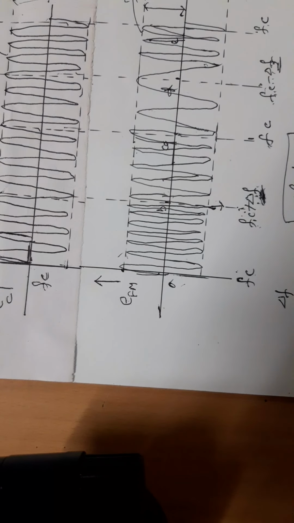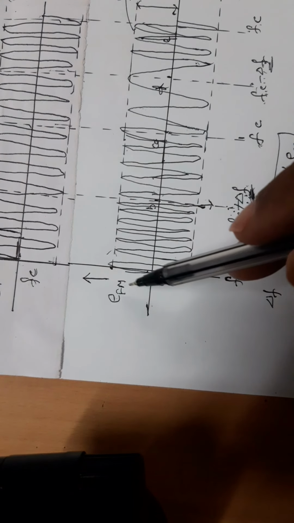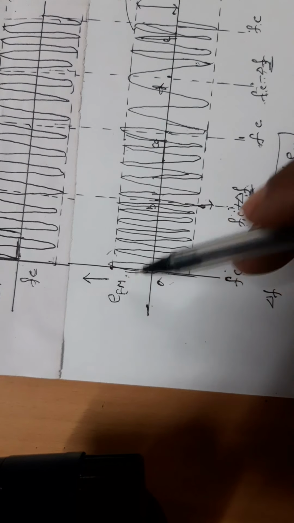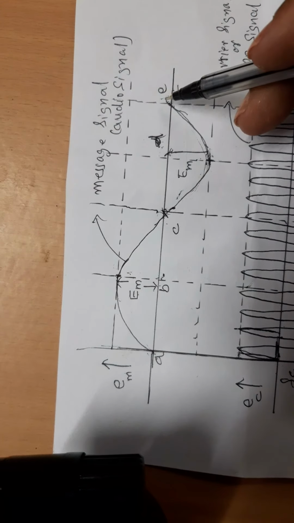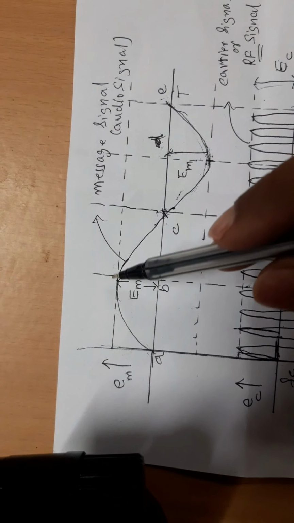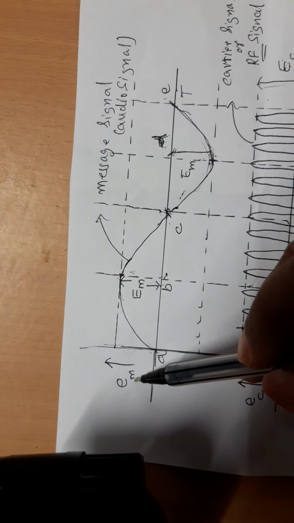Now let us study the analytical treatment, that is, the derivation of the instantaneous value of the frequency modulated wave. See, this is a sine curve, and the maximum voltage is Em, and the instantaneous value is em.